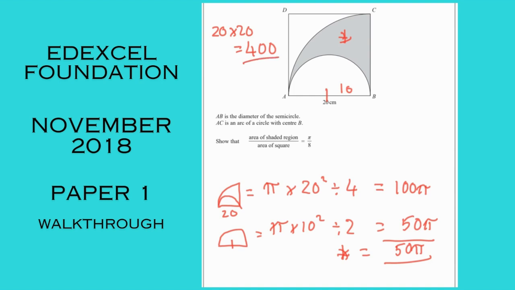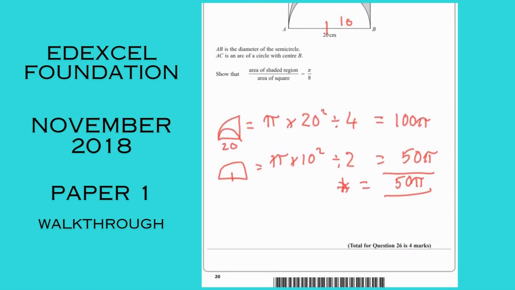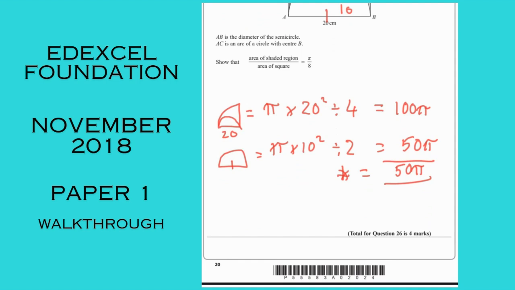So remember that 400, because it wants us to say area of shaded region, which is 50 pi, over the area of the square.